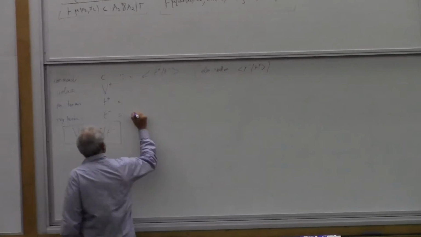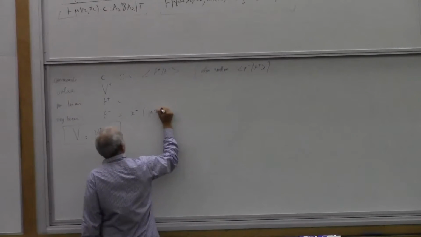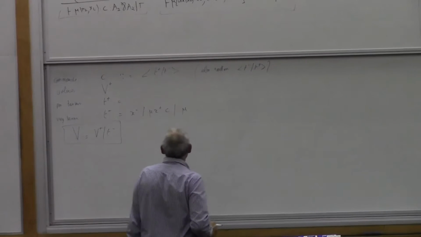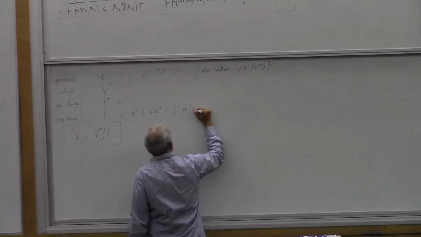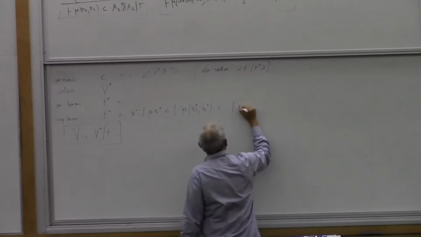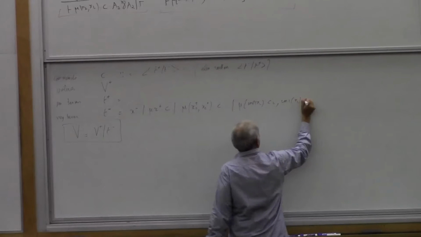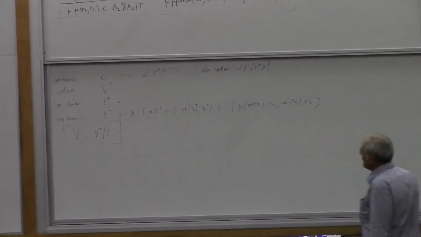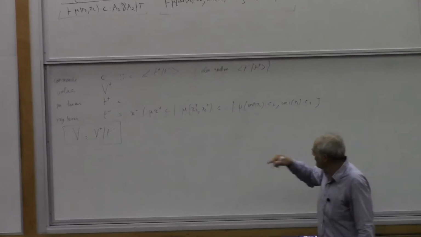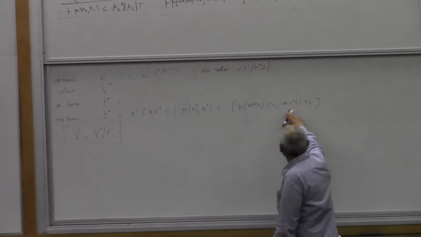So a T minus is either an X minus or a mu X plus dot C, or... Okay, so these are the terms corresponding to introducing the negative disjunction, and here the negative conjunction.